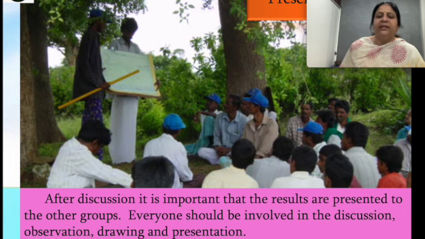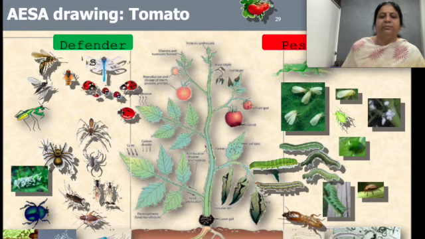Everyone should be involved in the discussion, observation, drawing, and presentation. It is not one person's job. All persons must be involved. That is the more important thing. Changing the person who gives the presentation each week is very, very important because all are to be involved.